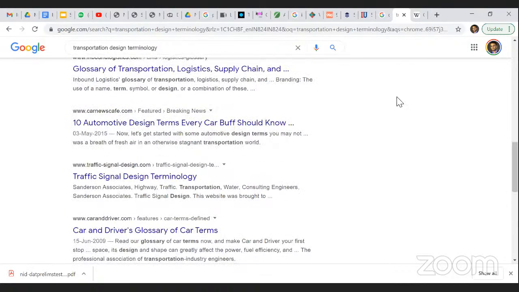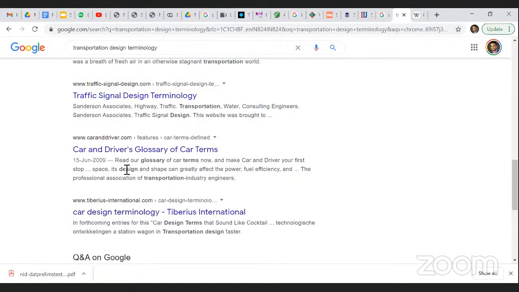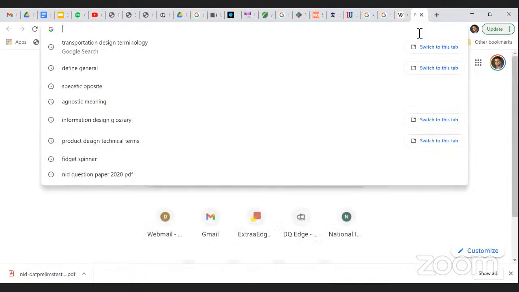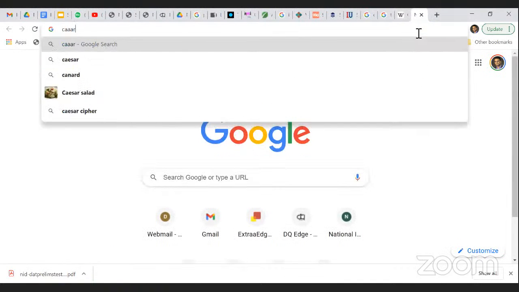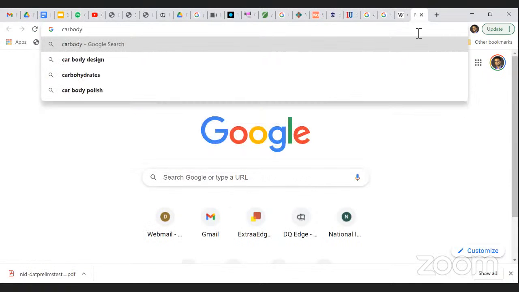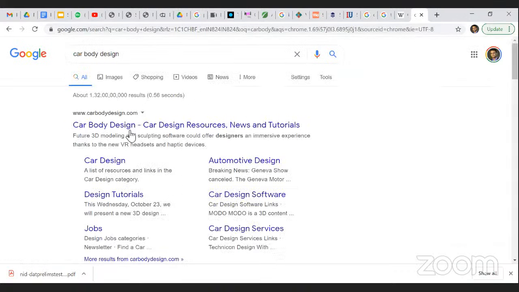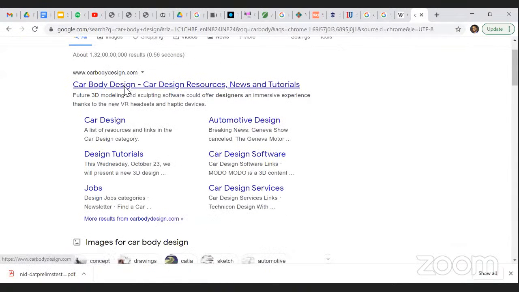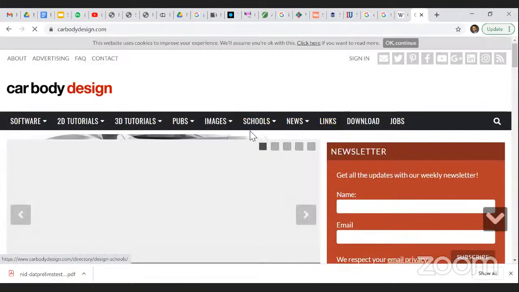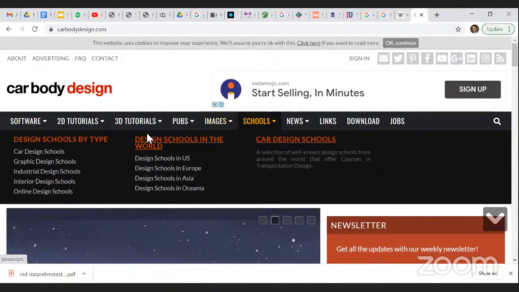Or you can also look for car and driver glossary and car terms. But here we are talking about the design aspect, so I would suggest you restrict your search to car body design. You restrict your search to more specific websites like this, right?